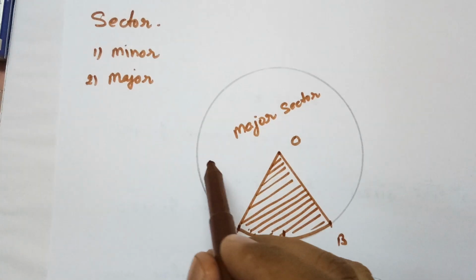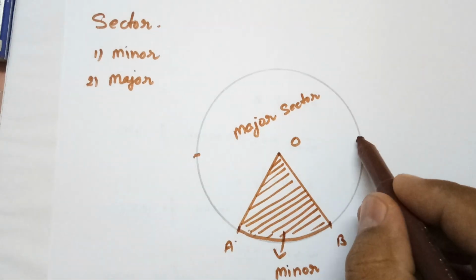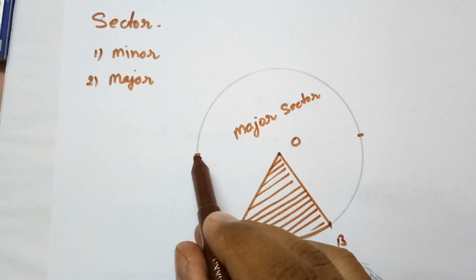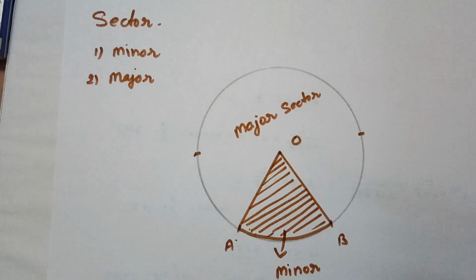When the arc is touching the diameter, meaning when the arcs are of equal length, then this forms a semicircular region.